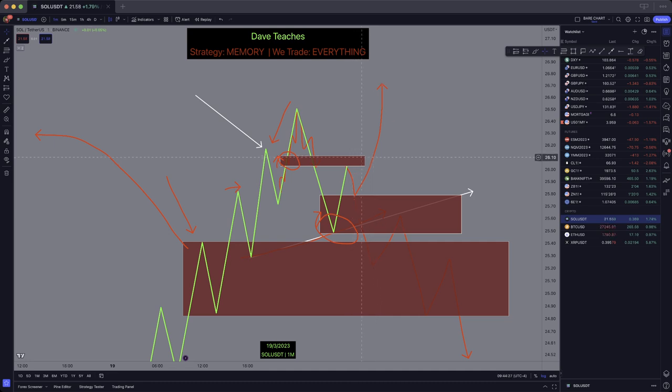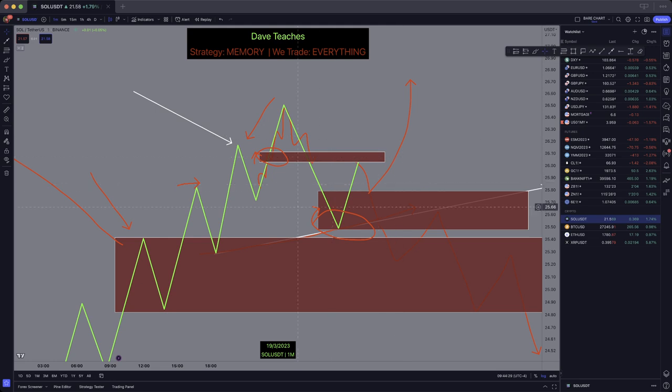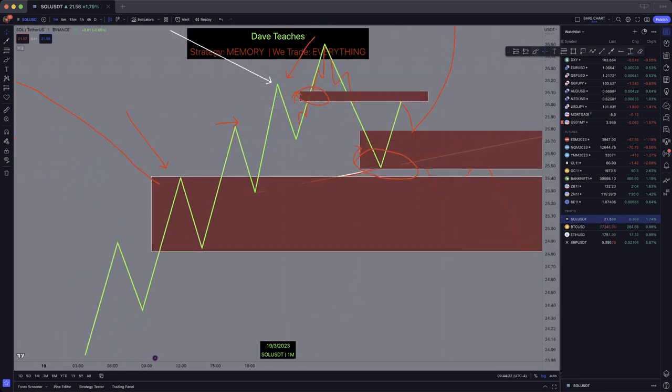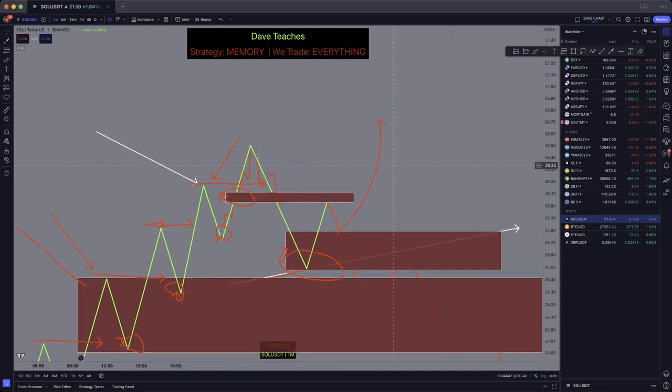That starting from somewhere is trailing your lows, counting your pullbacks, and paying attention to the important areas.